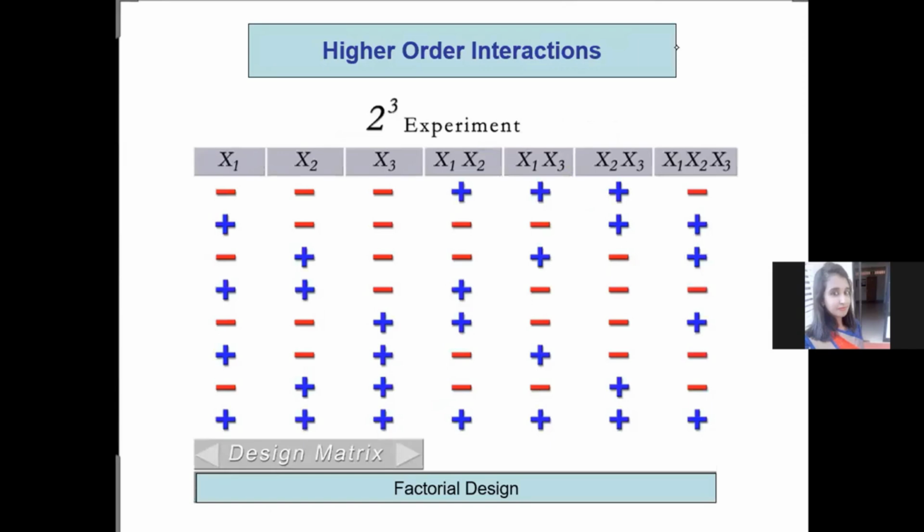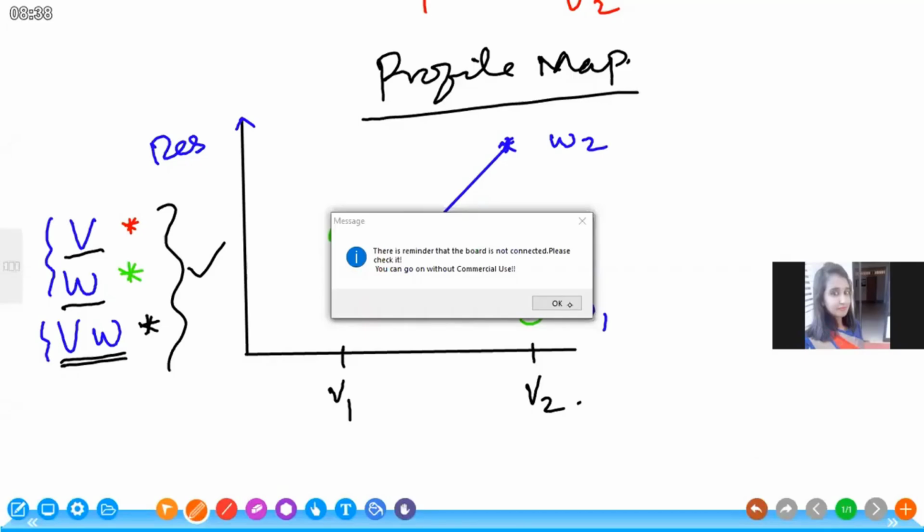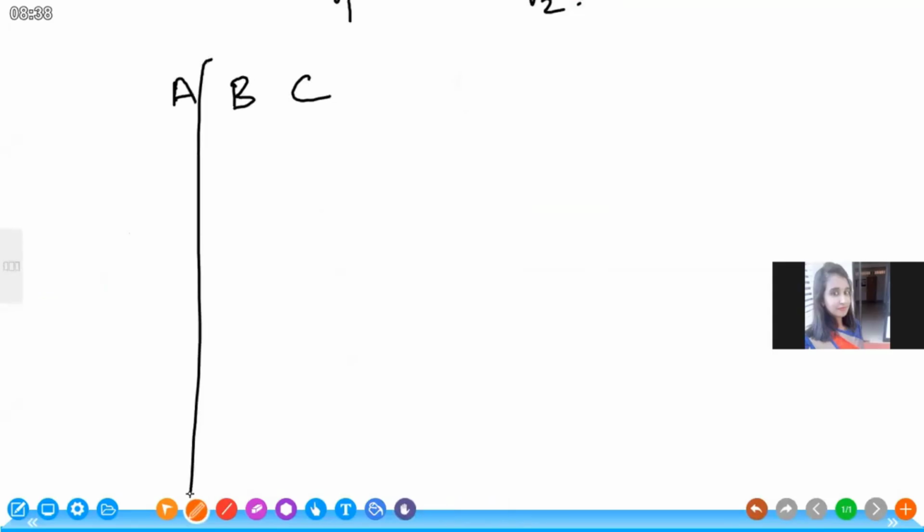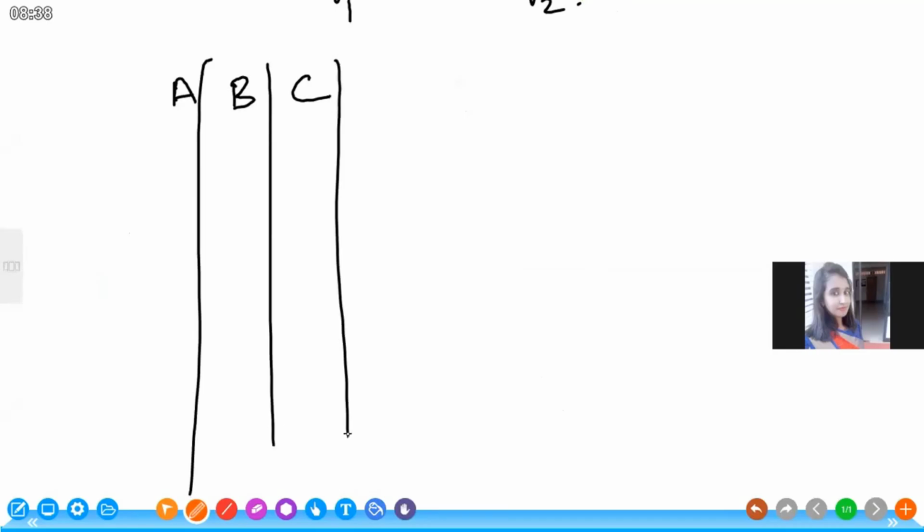For example, you can write down now 2 to the power 3 experiments, higher order interactions. When you talk about higher order interactions, let's say we have 3 factors: factor A, factor B, factor C. I will just start with one.